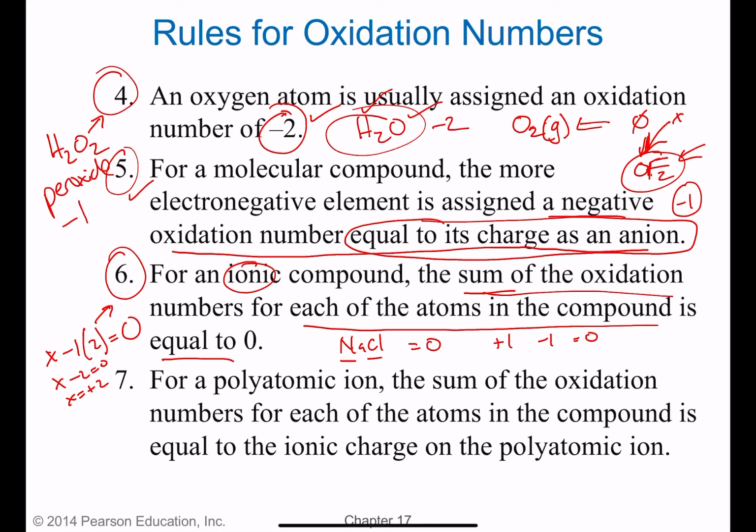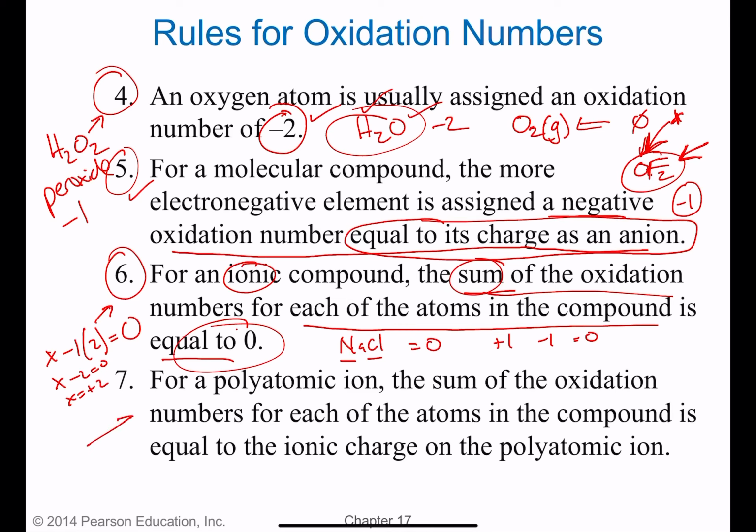So oxygen in this compound actually comes out to +2 because the fluorine is kind of more important, and it's going to keep its oxidation state of -1 based on rule number 5. But the point is that if you have a neutral compound, whether it's ionic or covalent, they have to sum to 0. The sum is equal to 0 if you have a neutral compound.